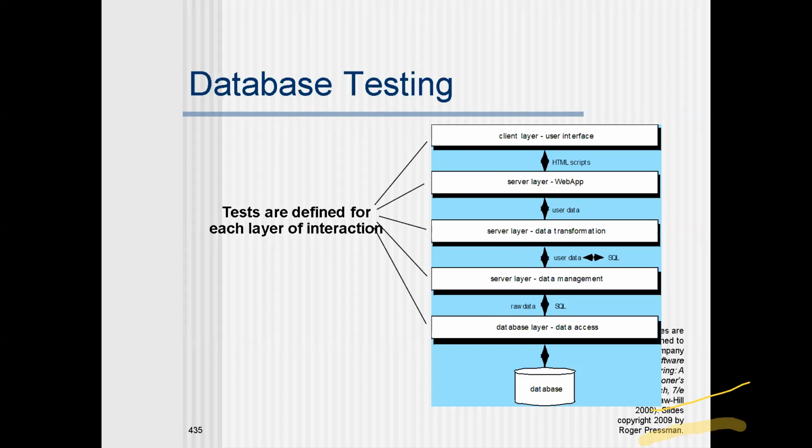Now, the server layer. In the case of the server layer, you have different things. For the web app, you have the data transformation, you have the data management. So these three different layers you have in the server layer, and for each of these you need to test the application. You also have the database layer where the data access is mentioned.